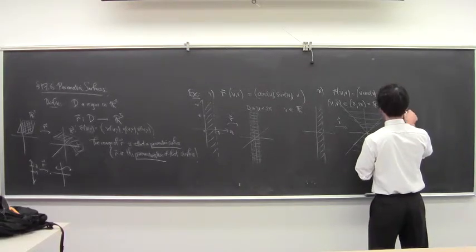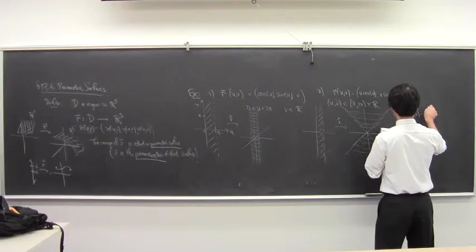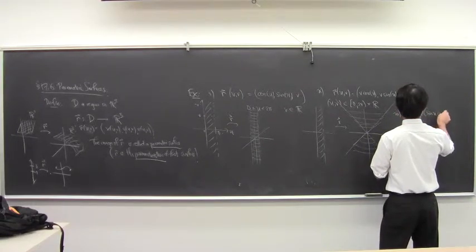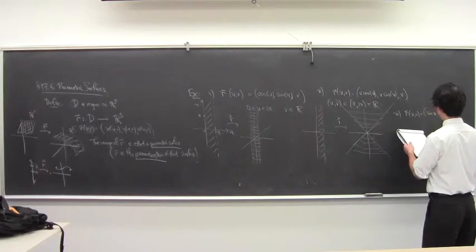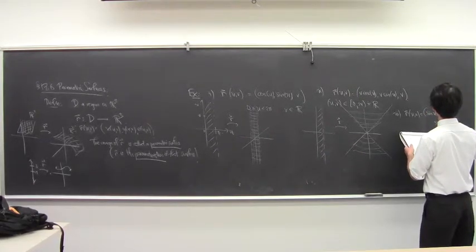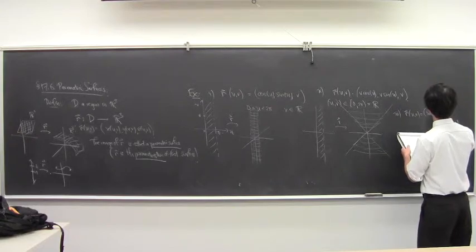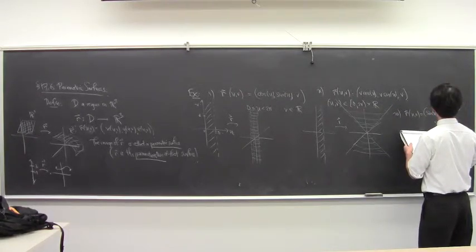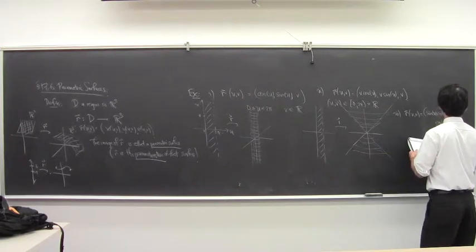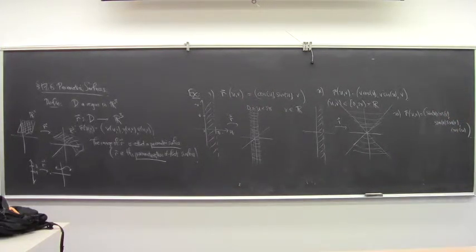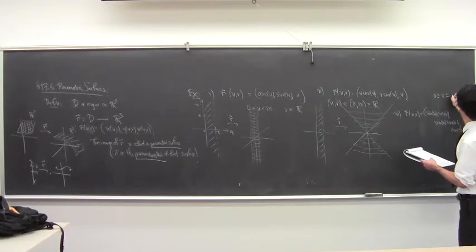Last one. R of u, v is sine u cosine v, sine u sine v, cosine u. And v goes from 0 to pi, and u goes from 0 to 2 pi.